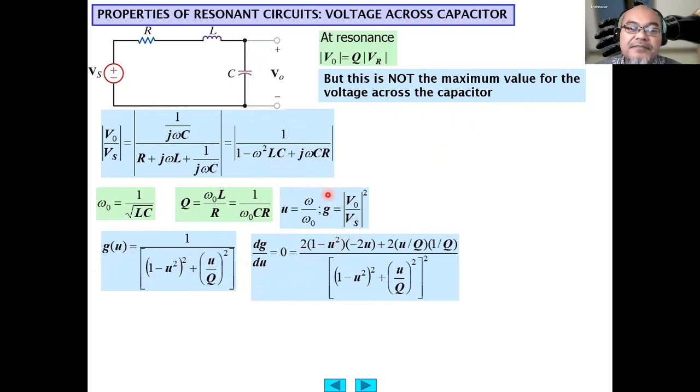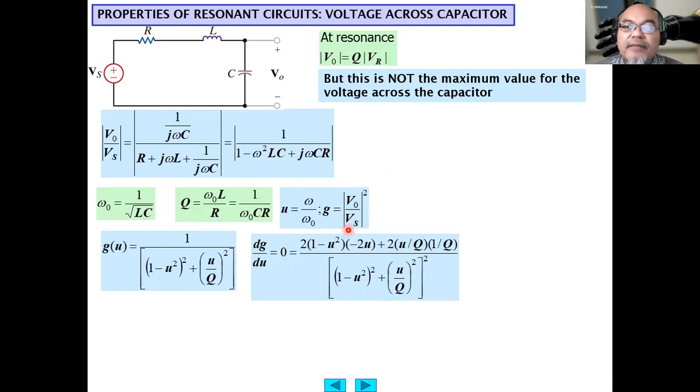So U is a new parameter which contains the frequency, and we convert this formula into this. Then we derive it. This is the gain. We want this to be maximum. We want the V output to be maximum.